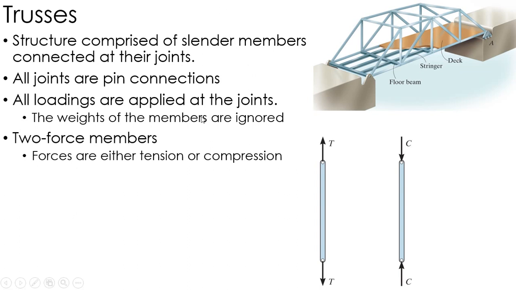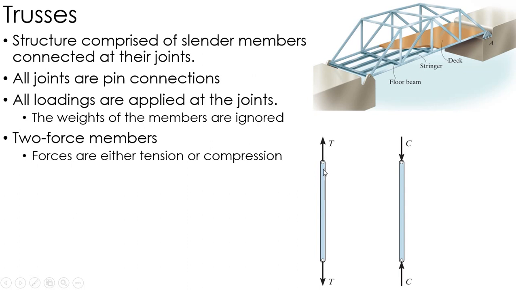Okay, and we've talked about two-force members in the past. So each member is either in tension or compression, because again, if they're pin joints, I just have forces here. I don't have any moments acting at the endpoints. Okay, and if the loadings only occur where the pins are, then I only have forces at each of the two pins. So it's a two-force member.